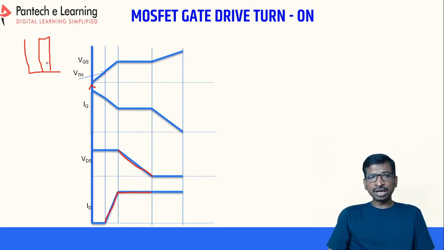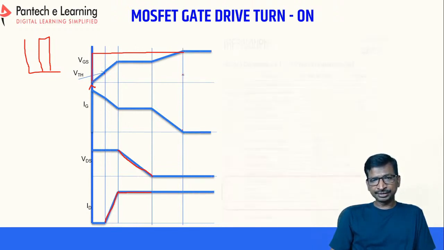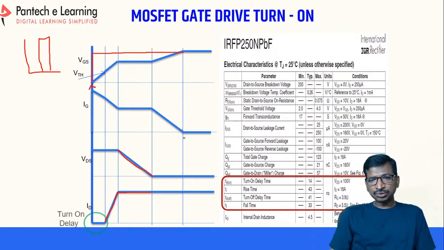Ideally the gate voltage would look like this, but practically it will not be like this. It will keep on the linear stage. So this period is called the turn on delay time and rise time.